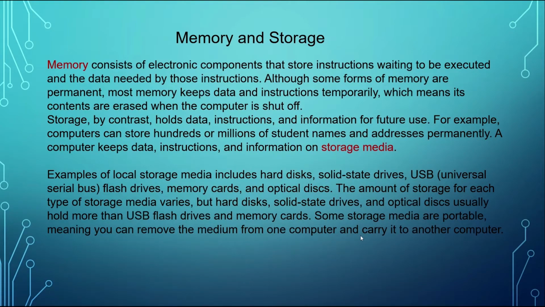It's temporary and used for that moment to bring the information that we need right away. Once we close that, the memory clears for another application that we're going to use. Later in the lessons, we'll go deeper into what memory is.